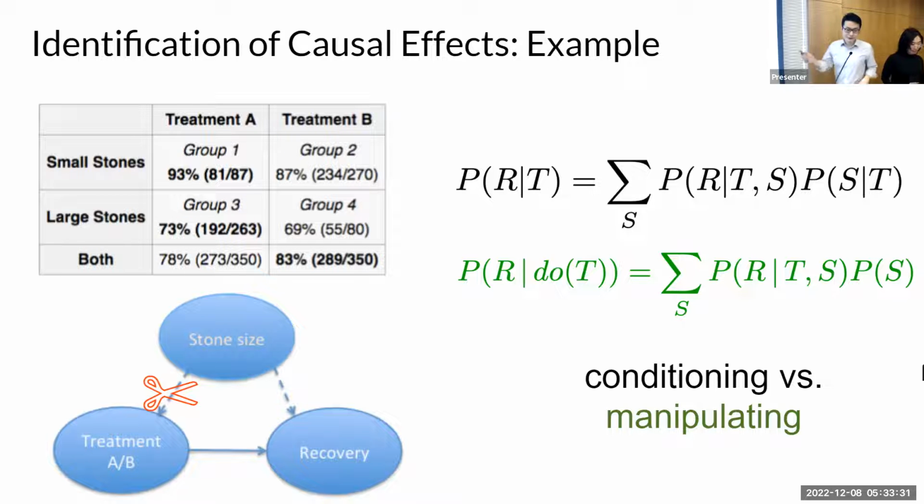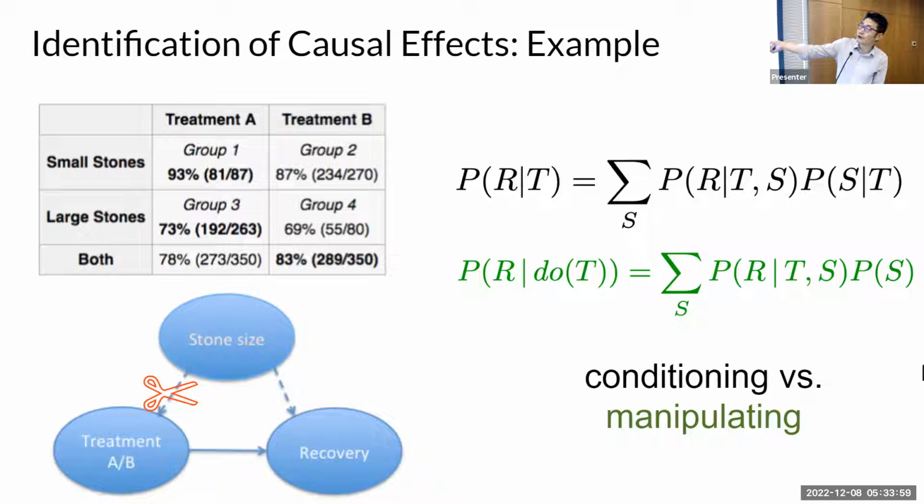Okay, cool. First of all, here you can see a very famous example to illustrate Simpson's paradox. Suppose we have a real data set with two groups of patients with kidney stones: one with small stones, and the other with large stones. For each of them, treatment A is better because the recovery rate is higher, right?